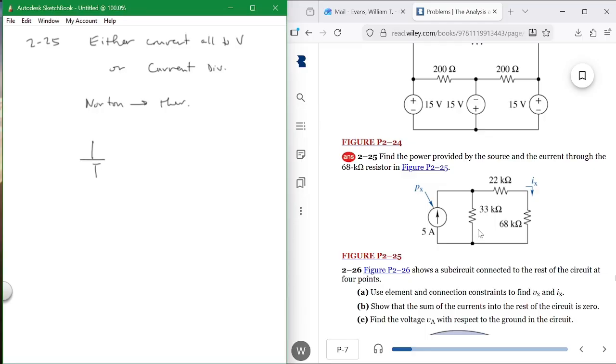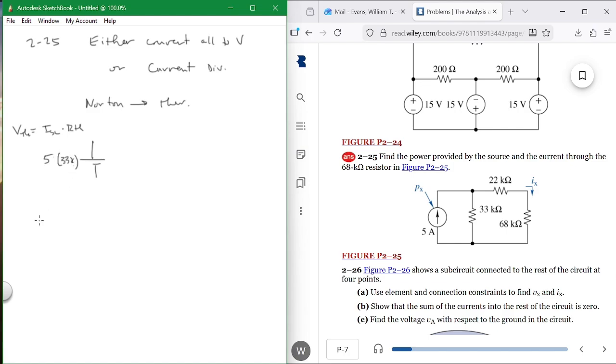This is commonly called R Thevenin. This is called I shorted load. V Thevenin is equal to I shorted load times R Thevenin. So V Thevenin is this times that. Easy peasy. So it's 5 amps times 33K.